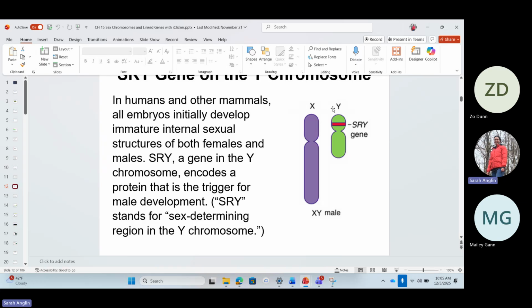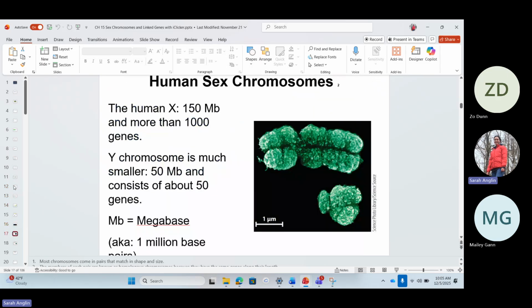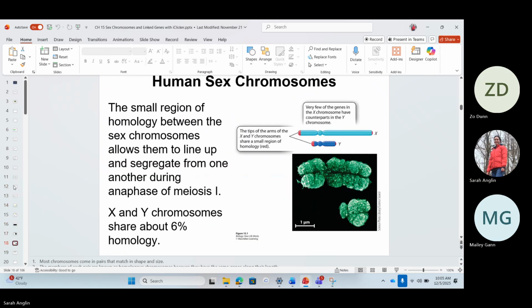So if they're so different, what allows them to align to one another during meiosis? Well, it has to do with the little bit of homology that they do share on their tips.